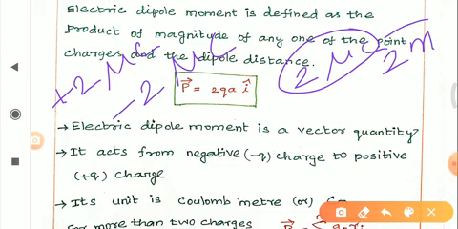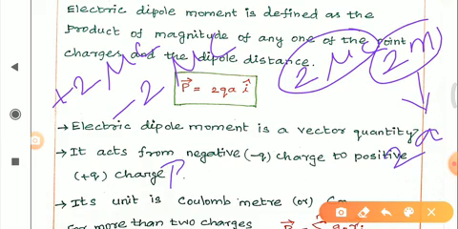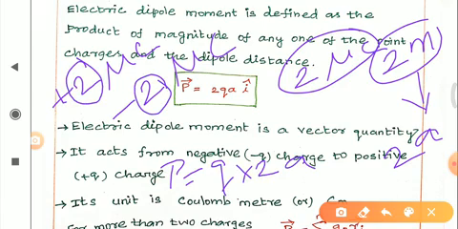What is the dipole distance? 2 meter. So this is nothing but 2a. Now what is the formula for finding the electric dipole moment? That is given by P is equal to q into 2a. What is q here? Any one of the charges. Both are 2 microcoulomb only, so either we can take plus 2 microcoulomb or minus 2 microcoulomb.